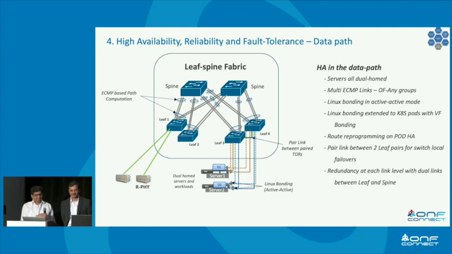So the dual links are for redundancy, yes, but also for faster recovery, because the Broadcom chipsets inside those leaves and spines realize faster than the controller does. First the hardware has to realize it, then the controller has to realize.